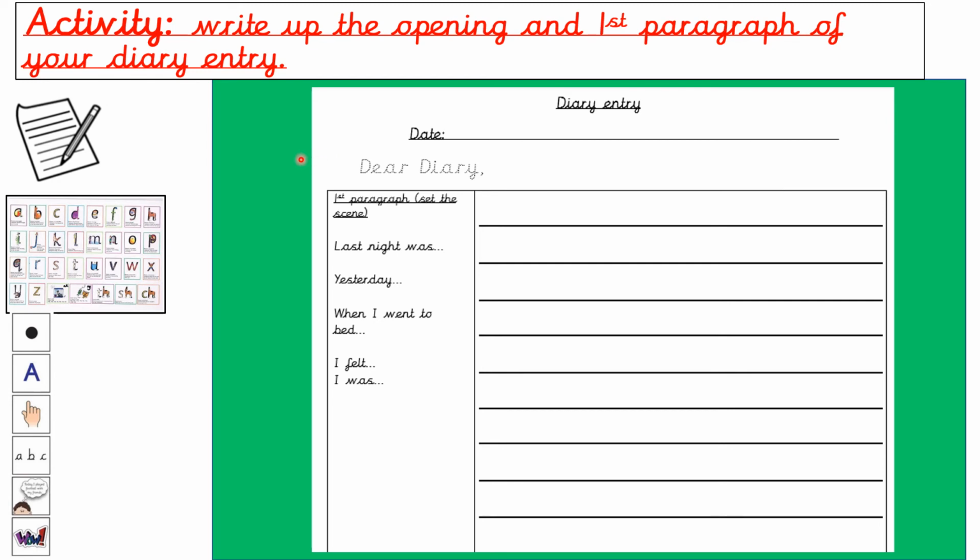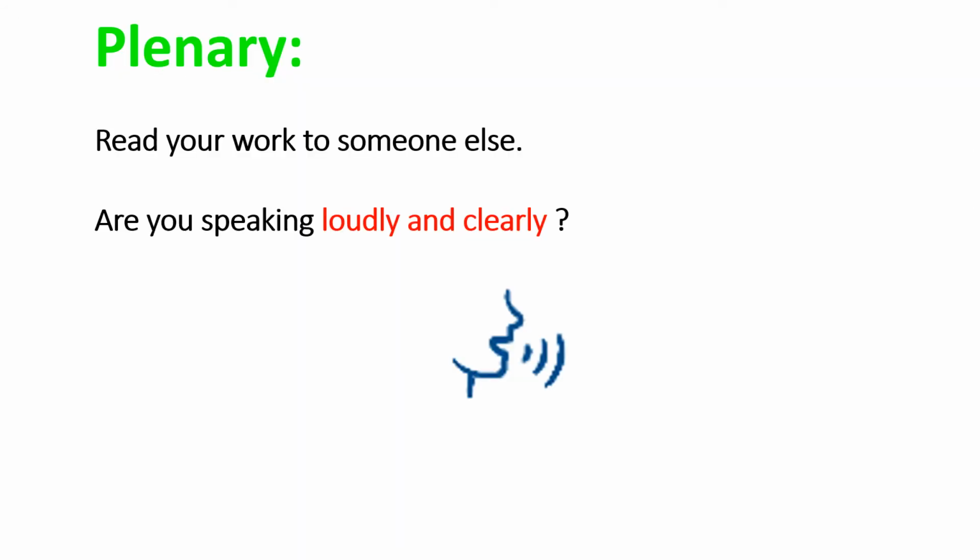The ideas that I used in my diary entry were just some ideas that you might want to use for yours, but I'd like you to write it in your own words. So don't copy my version, but it's there to help you if you need it. Remember to use your sound mats and all these key features for your writing, punctuation, finger spaces, joined up writing, etc.